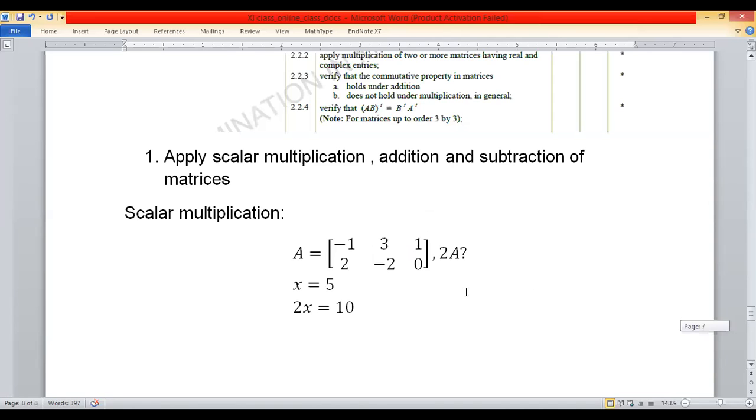So what we have next? Next is the addition and subtraction of matrices.